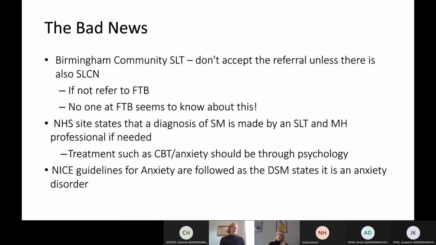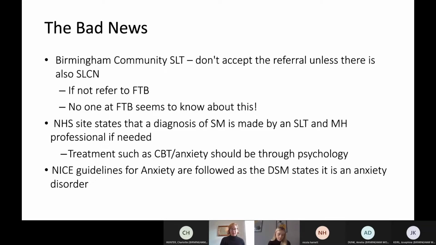Okay, so the bad news is that in Birmingham, I would love to be corrected, and I would love it if anyone can tell me, actually, you've completely missed this. Here's the selective mutism pathway in Birmingham, and it's brilliant. But as far as I can tell, there isn't really a selective mutism pathway anywhere in Birmingham.